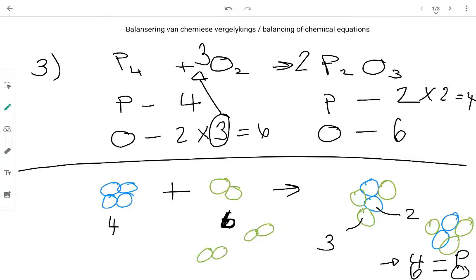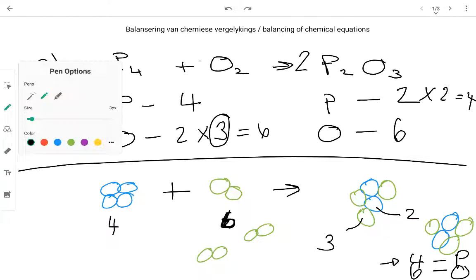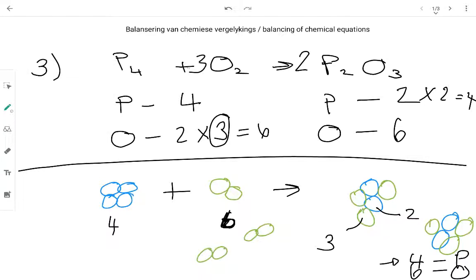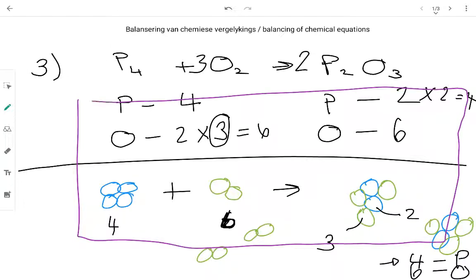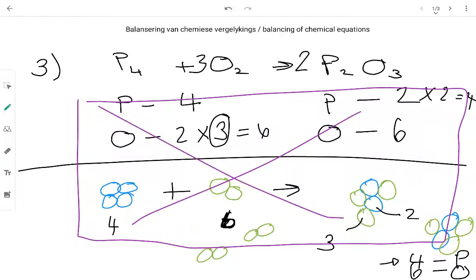Just one thing to note is that if you do not understand the method, but you do already know how to write the different coefficients in front of the molecules, you do not have to write these methods, which I'm drawing a purple block around. You don't have to draw them if you already know how to balance the equation.